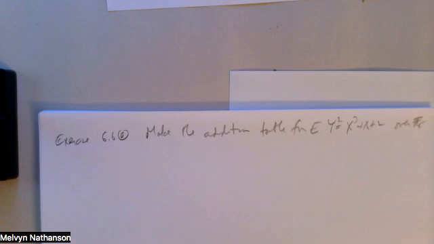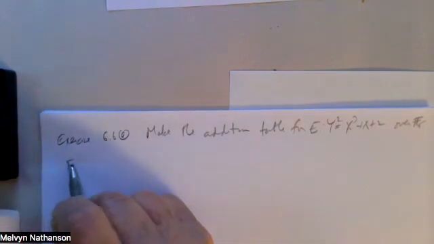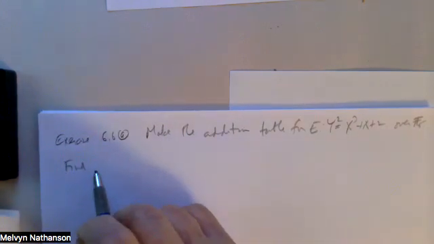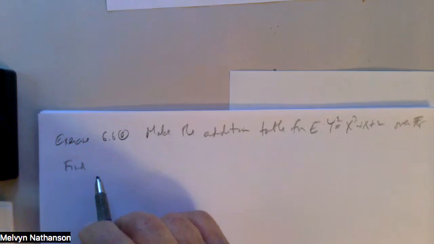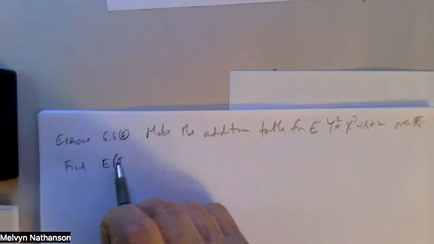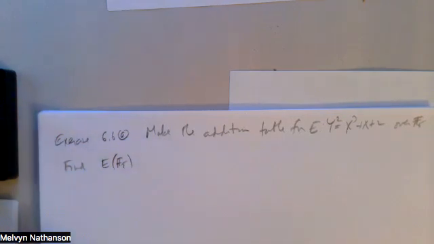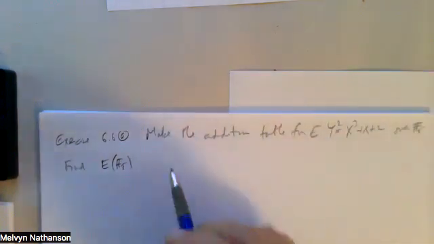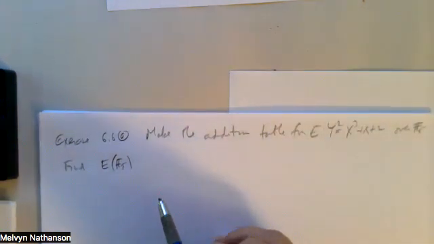So step 1 is to find the curve E of F5. So we have to look at the values. I should actually make sure I include the point at infinity.